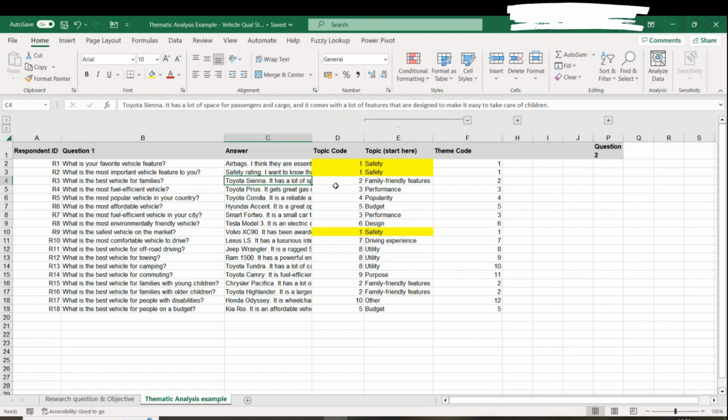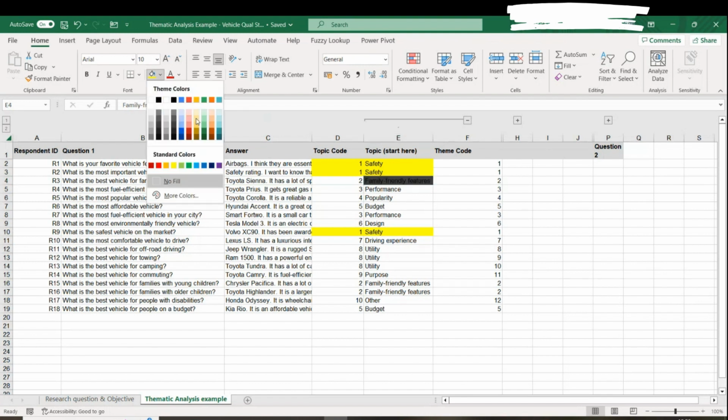So when you analyze what this person is saying, as a researcher you would read this and say, okay, this person is family oriented, and they are after family friendly features. Whether female or male, they value family features for their vehicle.